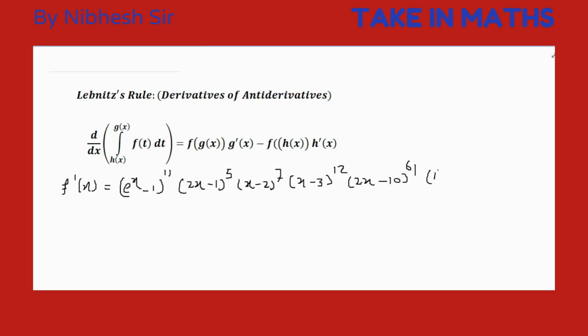So derivative of x is 1, but for lower limit it is constant, that is -1. We will replace that x by -1, but when we differentiate -1, that becomes 0. So basically f'(x) is this one.